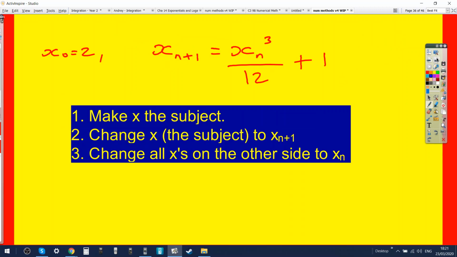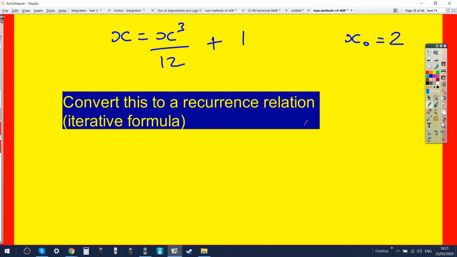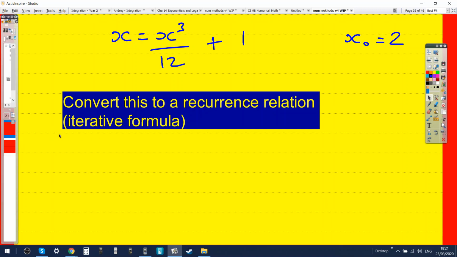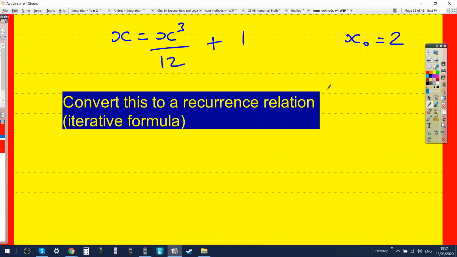Recurrence relation. Do you know how to convert this into a recurrence relation, where you keep on clicking the equals button? So to first write this as an iterative formula, recurrence relation. Is it already in the form? You just do x_n plus 1 and x_n?